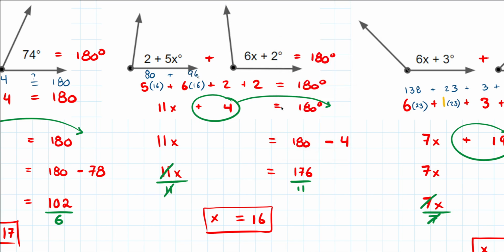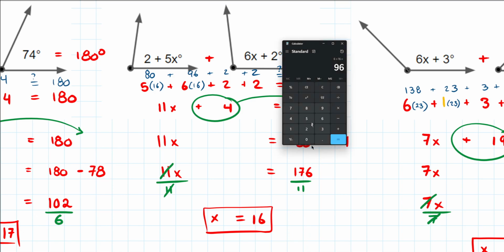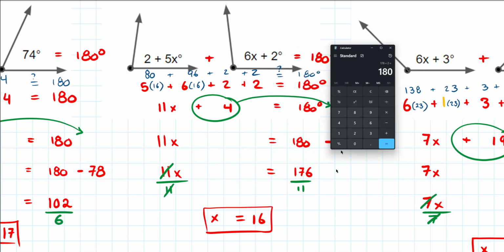Okay. Plus 2. If everything works out, it should equal 180. Let's see. 80 plus 96 plus 2, 180. And there you go, ladies and gentlemen.